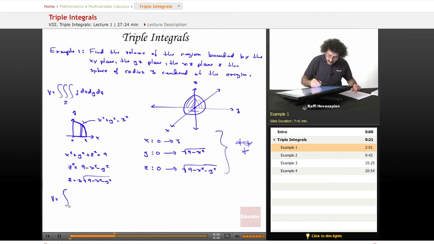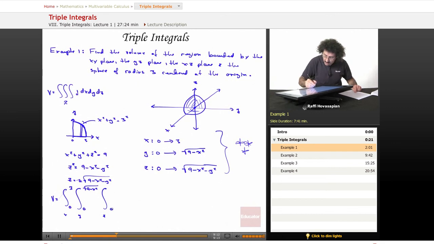the integral from 0 to 3. That's going to be my x. It's always good to keep track of what's going first, second, third, because you're going to work your way working inside out. So the integral, y is going from 0 to radical 9 minus x squared. That's y.